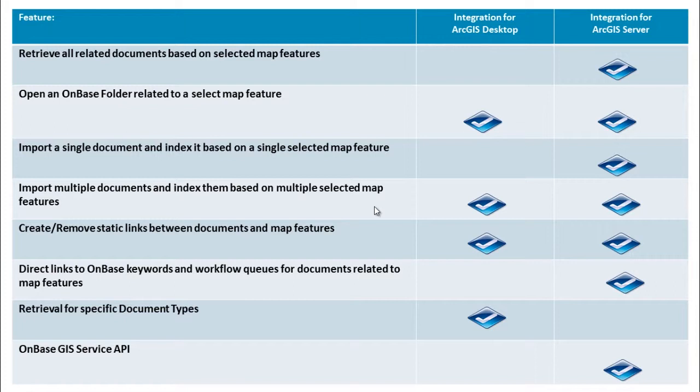And you can see you can open a folder, import multiple documents, create new static links, and retrieve it for specific document types. We don't have that one in the server version because we don't need to. Within the online viewer, for the online integration, you can bring in a document.